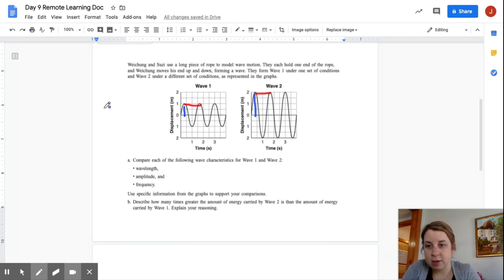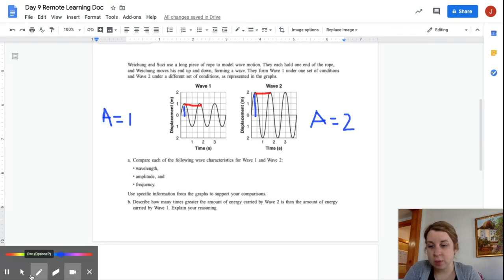So I'm going to write that down. Amplitude is equal to 1 over here. And then amplitude is equal to 2. Okay. And then the last one we have is frequency.